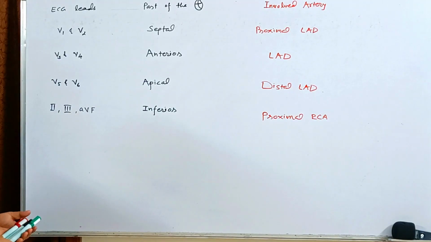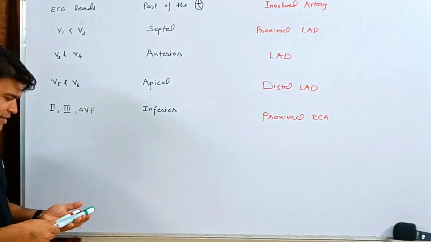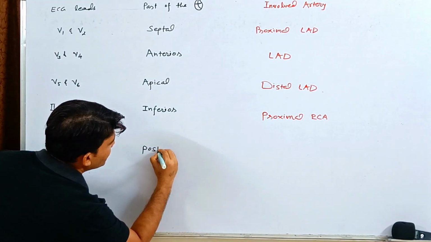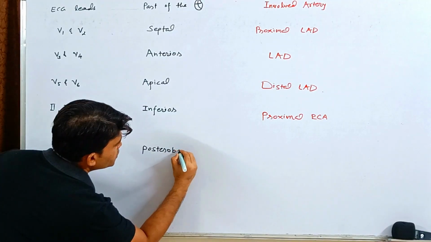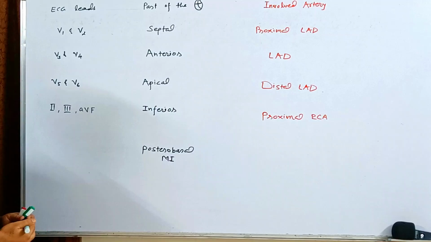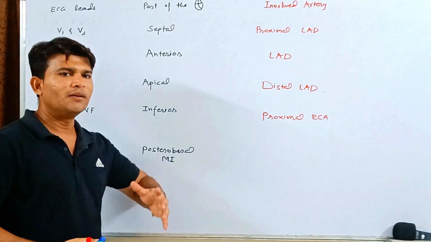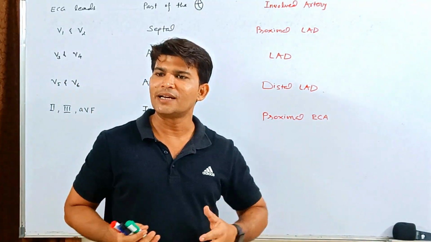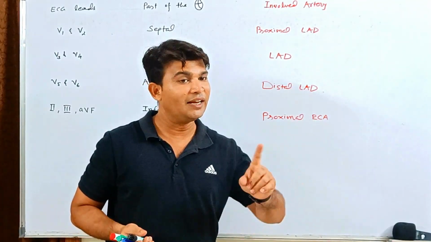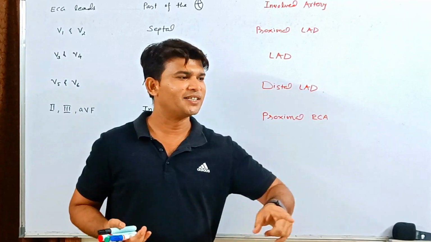Which type of MI are we left with? Posterobasal, right? Then you have posterobasal MI, that is posterior wall MI. Ideally, which is the classical parameter to diagnose posterior wall MI in a 12 lead ECG?